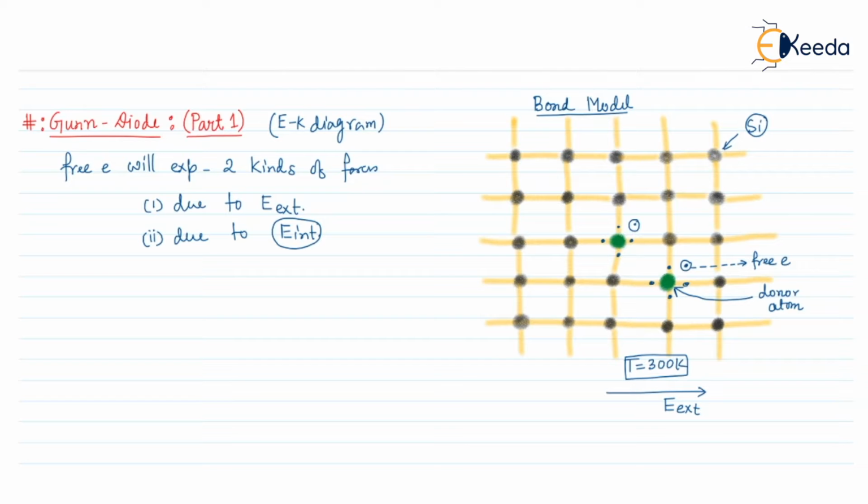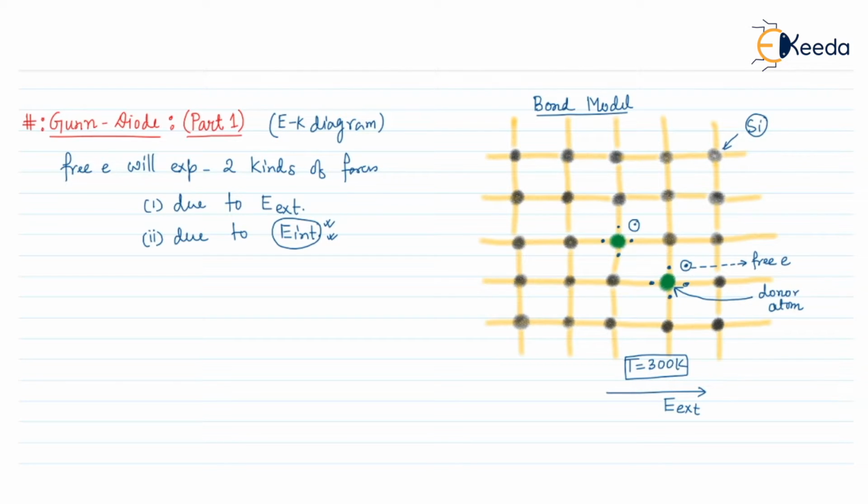That Coulombic interaction produces the internal electric field, and this internal electric field will give some amount of force on this free electron. So inside the semiconductor, the free electron will experience two kinds of forces. First is due to the external electric field. Second is due to the E internal electric field.